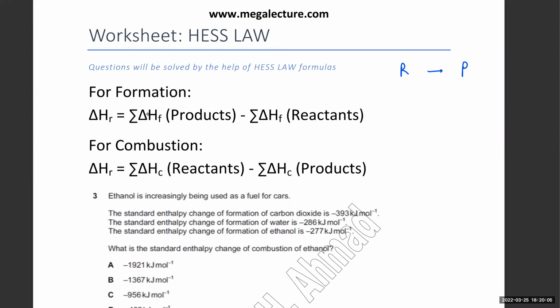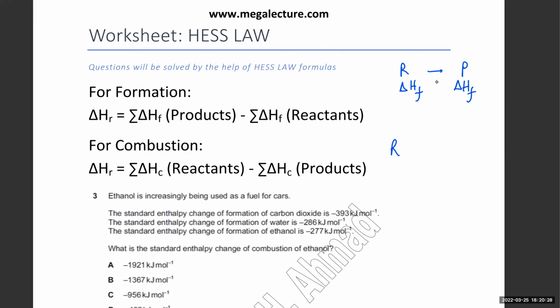The question can be solved in both ways. So if enthalpy change of formation is given for the reactant and the product as well, all you have to do is enthalpy of formation of products minus the enthalpy of formation of reactants, and you'll find the enthalpy change of this reaction.